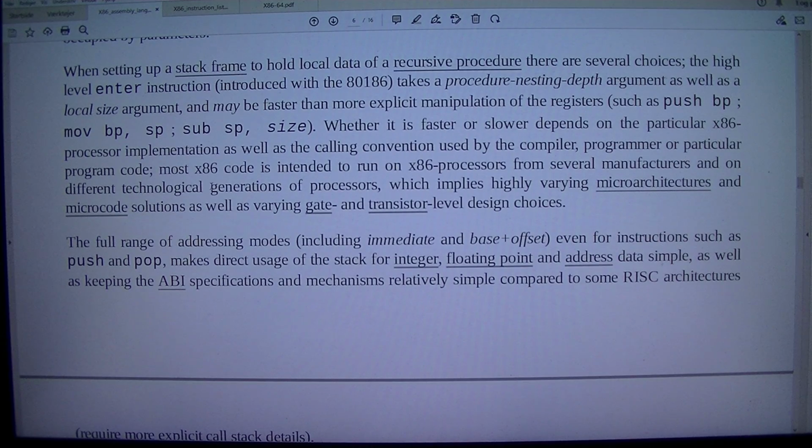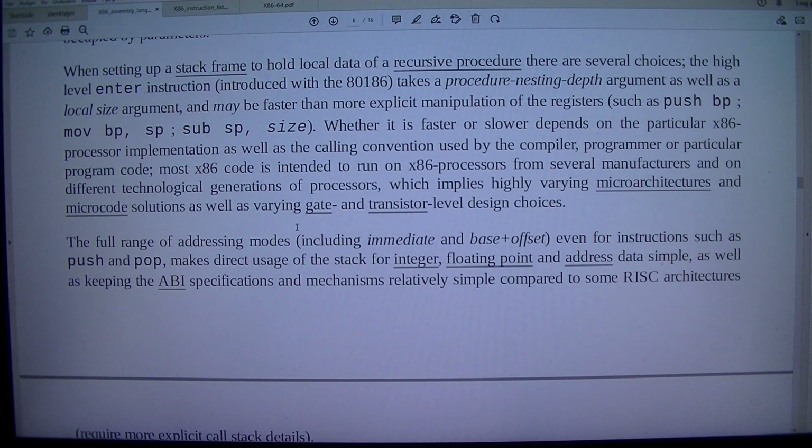Most x86 code is intended to run on x86 processors from several manufacturers and on different technological generations of processors, which implies highly varying microarchitectures and microcode solutions as well as varying gate and transistor level design choices.